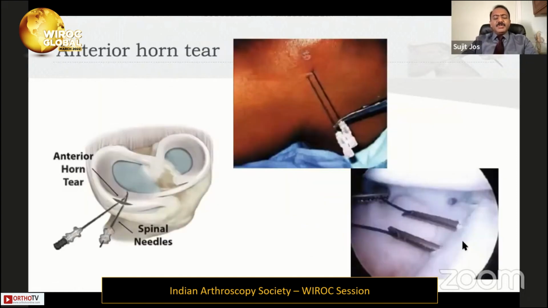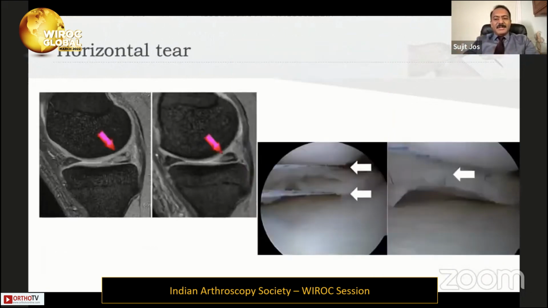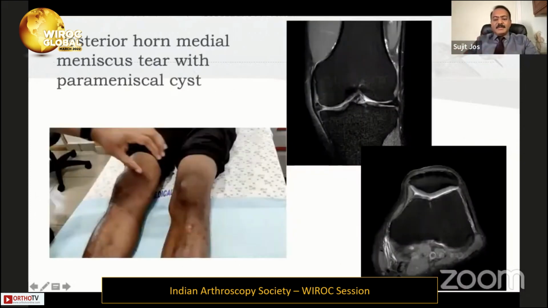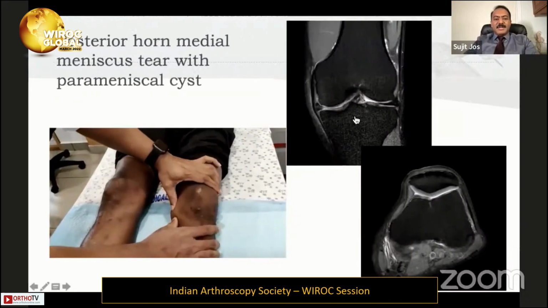The anterior horn, you can very well use 2 spinal needles and a loop of fiber wire, or PDS 2.0 is quite good for anterior horn repairs. That's a horizontal tear which can be partially debrided, and the rent can be closed so that the fluid leaking and parameniscal cyst formation can be prevented.